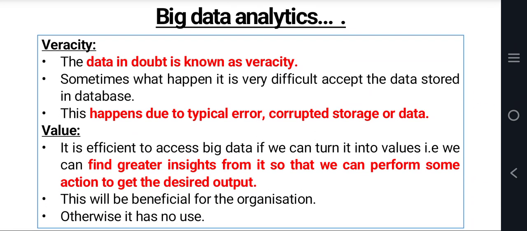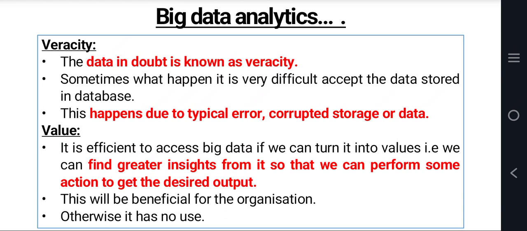Some data is in doubt, which is known as veracity. The data can be very difficult to accept, which is stored in the database, and it is called veracity. This may happen due to typical errors or corrupted data or corrupted storage.